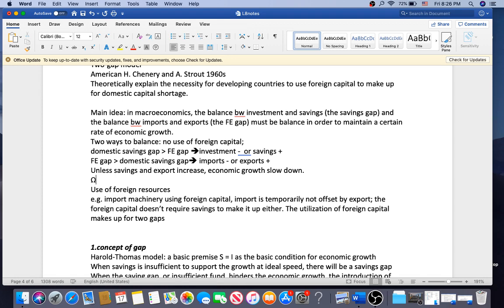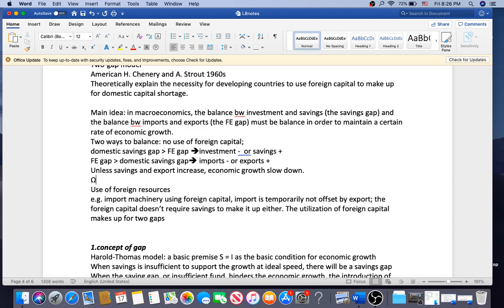For example, when foreign capital is used to import machinery and equipment, on one side, this import is temporary, not offset by the exports. On the other hand, the investment needs no domestic savings to make it up.